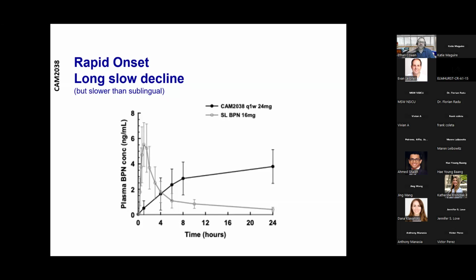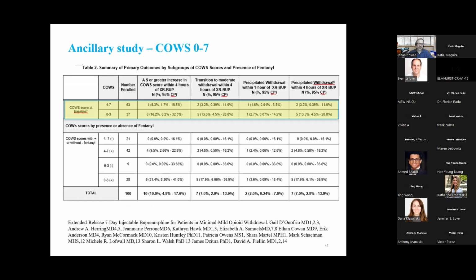So we can start medication for patients who have COWS scores of 4, rather than waiting for them to go into more severe withdrawal with COWS scores of 8 or 12. Think about it as an injectable microdose. And it's really been working quite nicely. Again, we won't have the full data until next year.